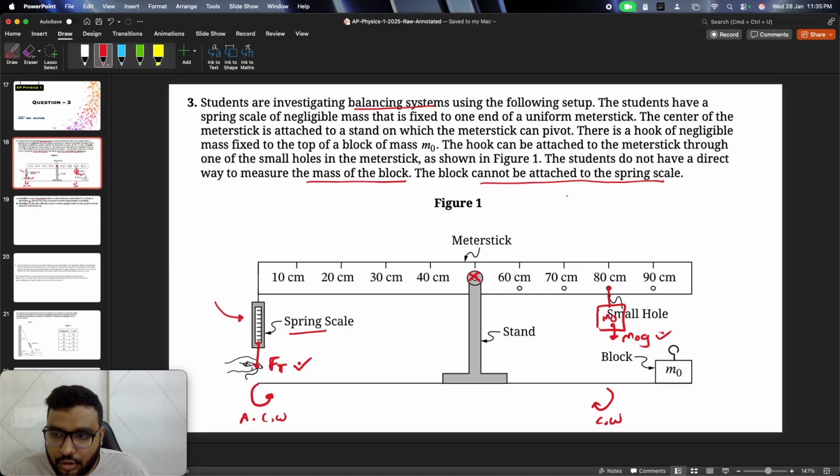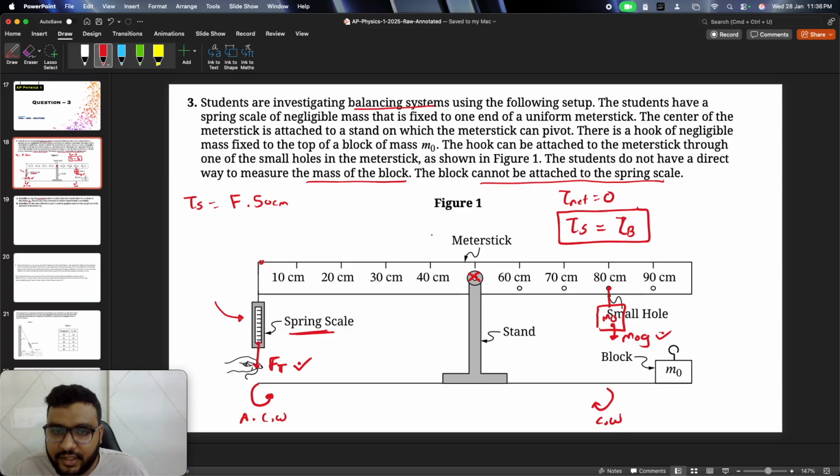So when the net torque becomes zero, the torque because of the spring scale will be balanced by the torque of the block, and this is how we will be able to find the distance. Now how can I find the torque of the spring? From here this is 50 centimeters of distance. So the torque of the spring will be the force given by the person multiplied by 50 centimeters.